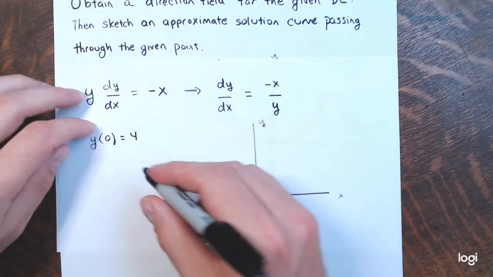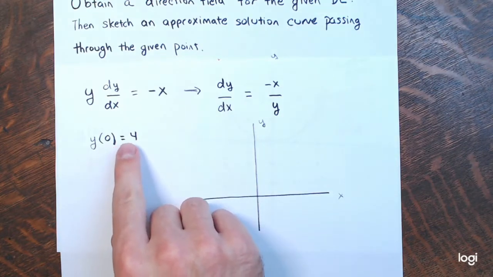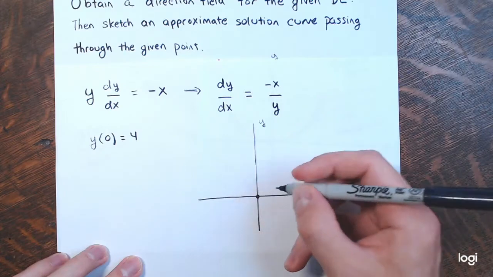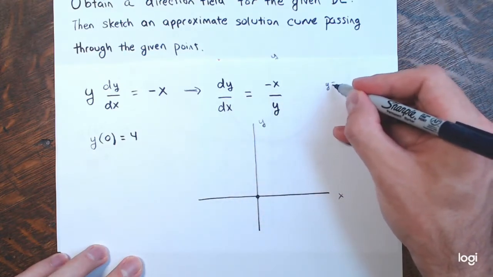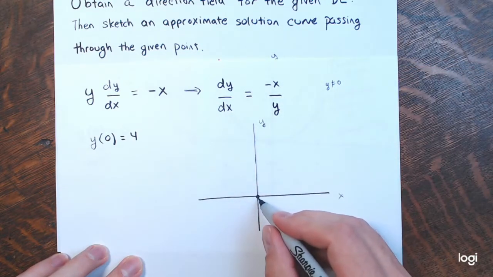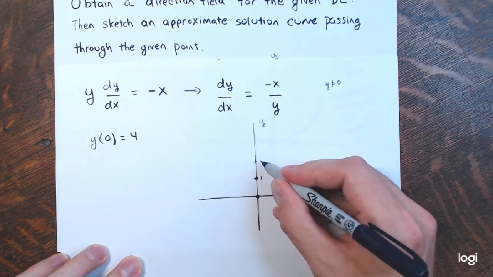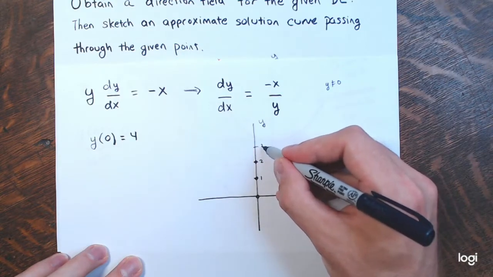I have the point mentioned in the condition here, so I'm going to at least put that up. So here's 0, 0. Now notice that y can't be 0 here. So here's 0, 1, 0, 2, 0, 3, and this is 0, 4.